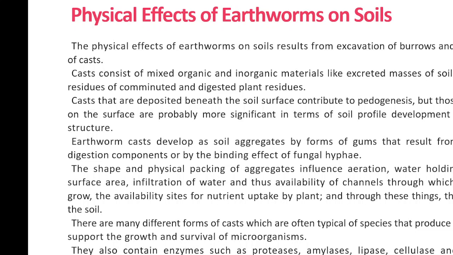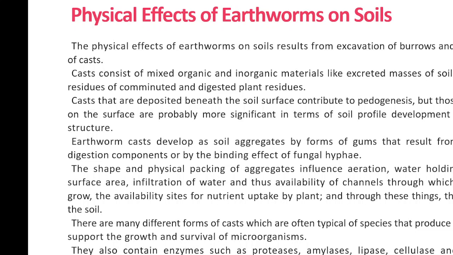This is how the earthworm releases the earthworm cast. This cast is rich in nitrogen, phosphorus, potassium, etc. These are the main elements needed by plants for their growth. That is how the earthworm improves the fertility of the soil by producing cast.